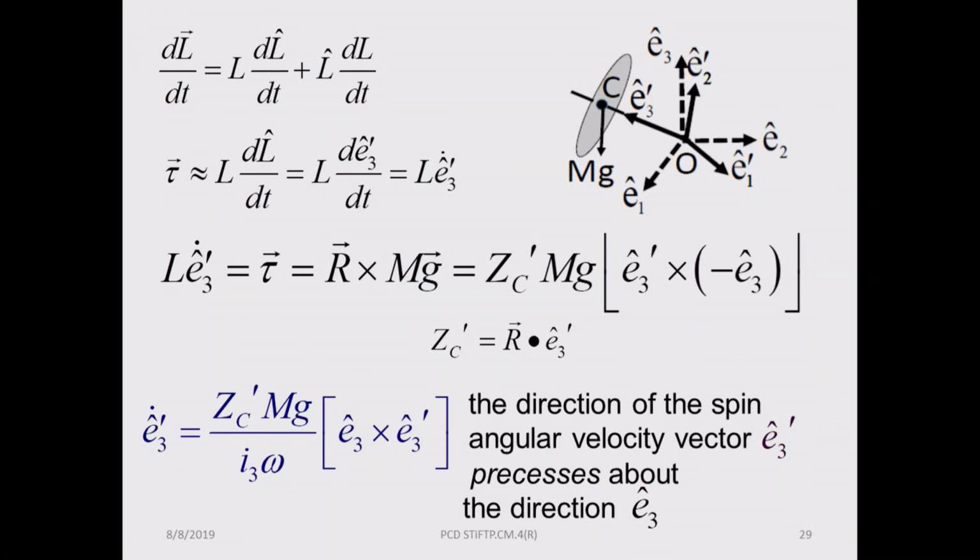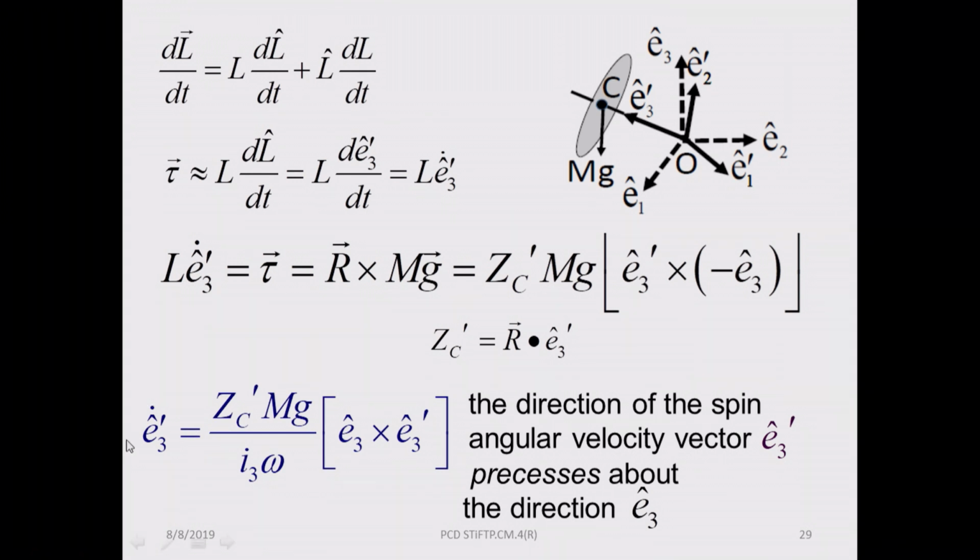So this is the gyroscope precession. The gyroscope precession is described by this equation, and notice that if you take away this magnitude, bring it to the right, it comes in the denominator. So you've got Zmg over this angular momentum, which is I3 omega, in the eigenbasis, in the basis of the rotating body.